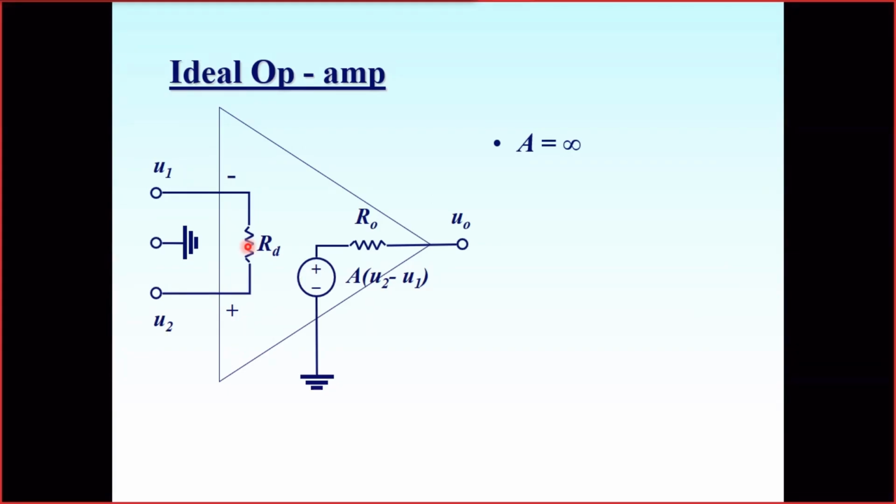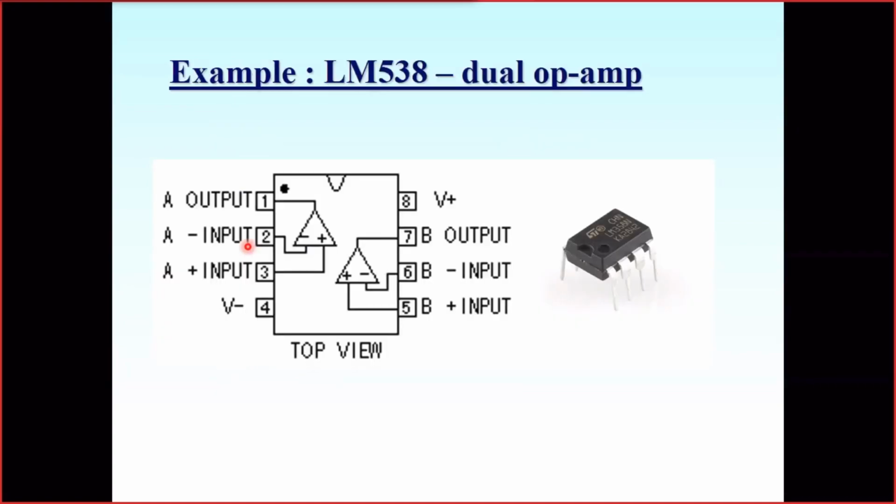As you understood, it's actually not the case in real life. It could never provide an infinite output. For real amplifiers, the gain is certainly not infinite, it's just very high. For the same LM, if I remember correctly, the open loop gain is about 10,000. So it's very big, but we could consider it just infinite.